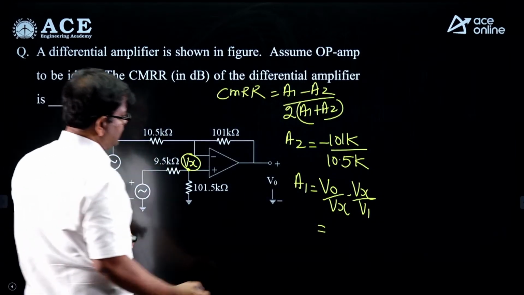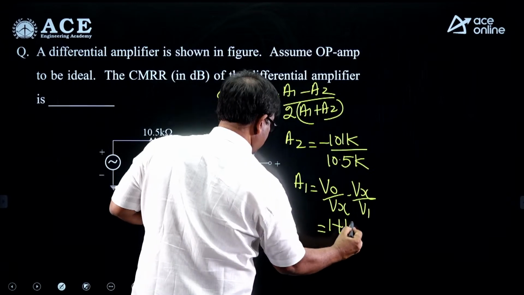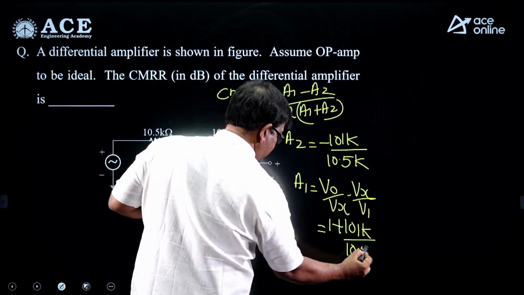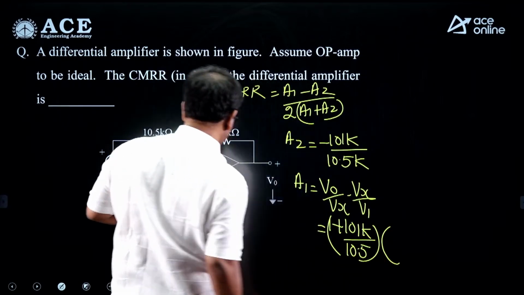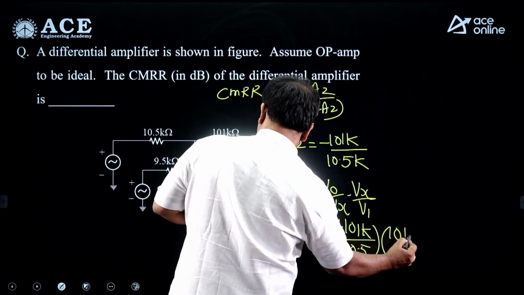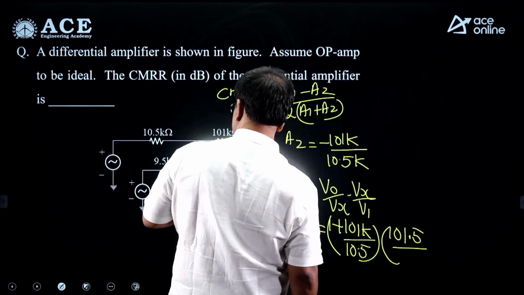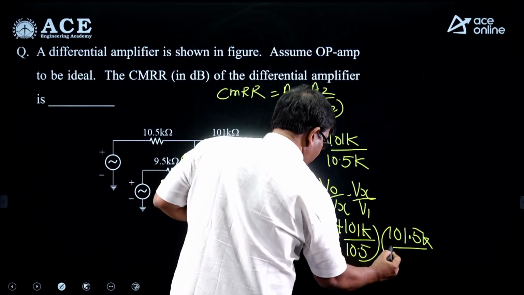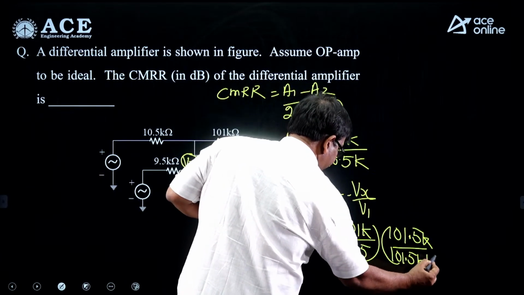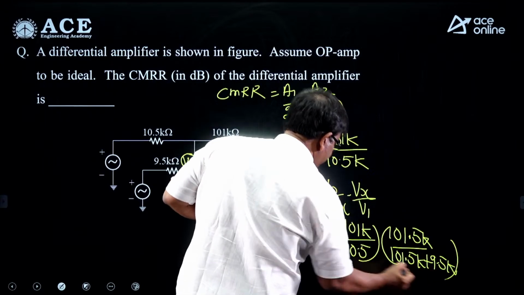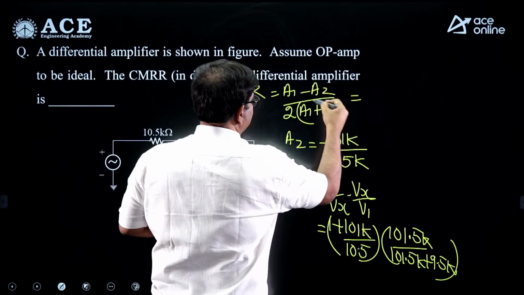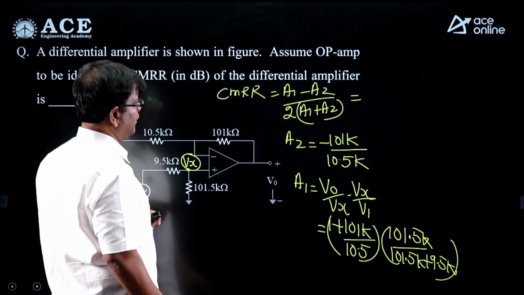So V0 by Vx is 1 plus 101K by 10.5K, and Vx by V1 again by voltage division is 101.5K by 101.5K plus 9.5K. So A1 and A2 are there. Please substitute here, you will get CMRR.